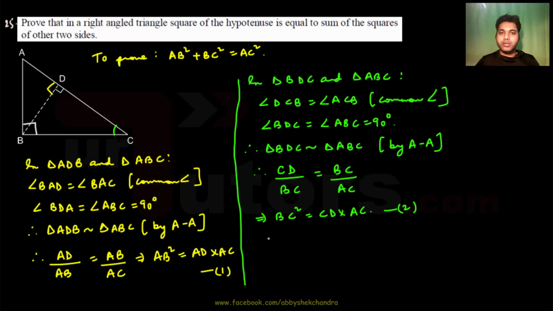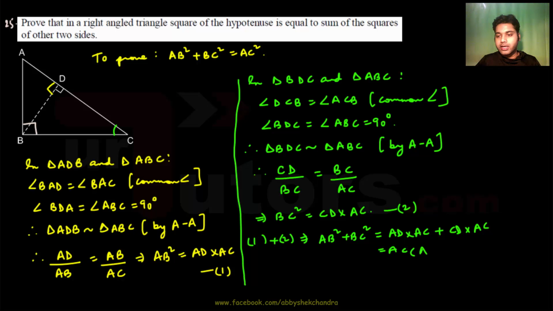Now we need AB square plus BC square, so just add 1 and 2. 1 plus 2 will give AB square plus BC square equal to AD into AC plus CD into AC. Take AC common, get AD plus CD.